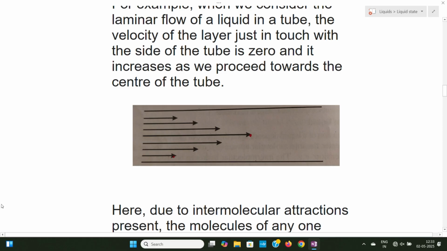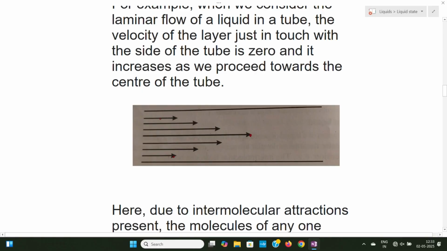So, the velocity of the layer just in touch with the side of the tube is 0, almost 0. And from this figure, we can understand that as we proceed towards the center of the tube, the velocity increases.